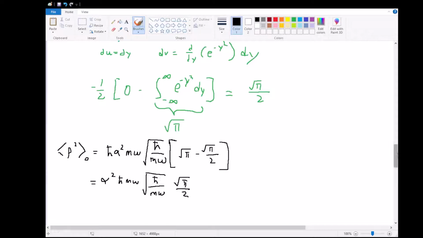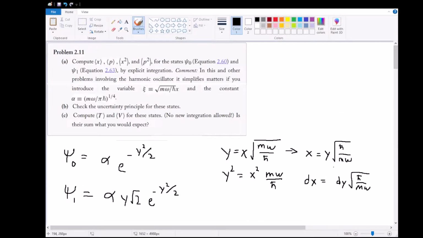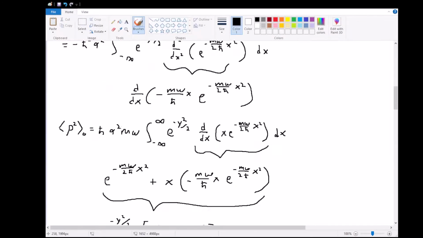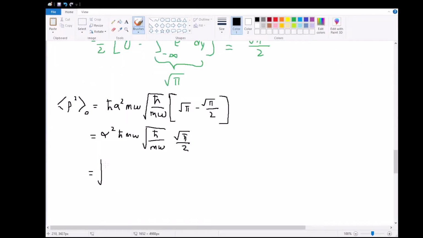And now we rewrite this, plugging in alpha equals the 1/4 power of m omega over pi h bar. So alpha squared equals the square root of m omega over pi h bar, times h bar m omega, times square root of h bar over m omega, times square root of pi divided by 2.